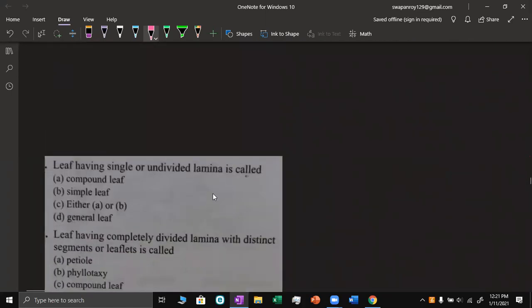Next question. Leaf having single or undivided lamina is called simple leaf. Is it like China rose?